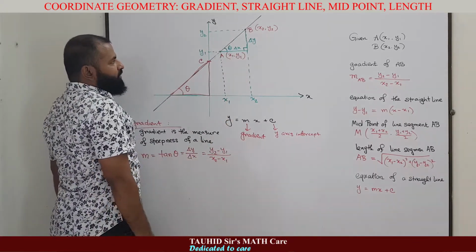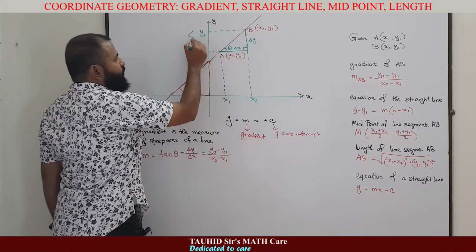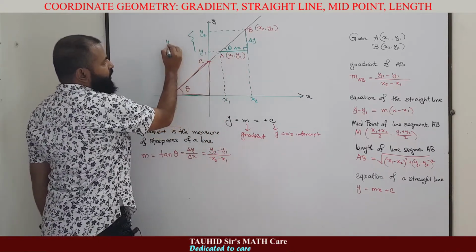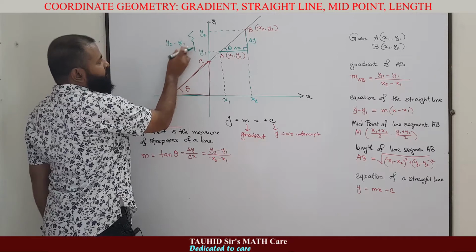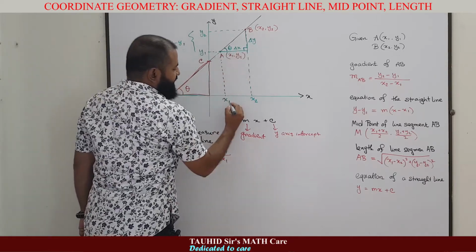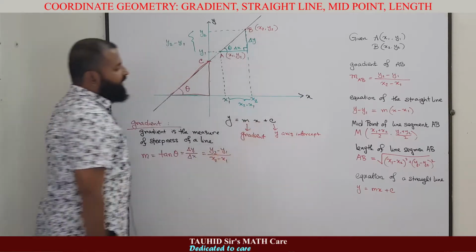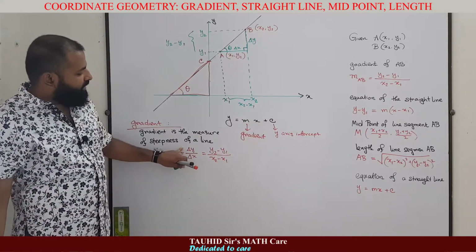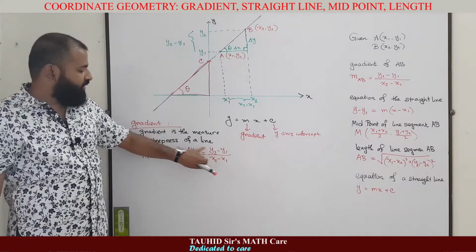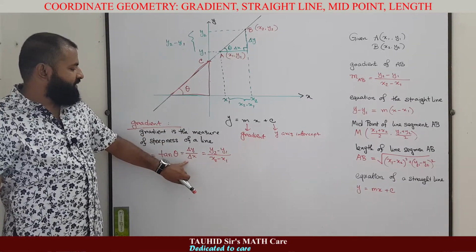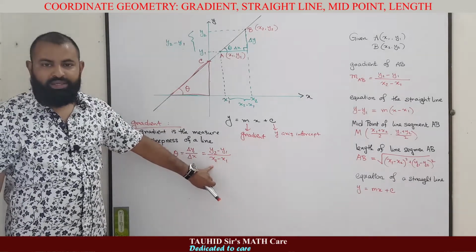Now, carefully see that this value of delta y is y2 minus y1. And the value of delta x is x2 minus x1. Therefore, in place of delta y, we can write y2 minus y1. In place of delta x, we can write x2 minus x1.